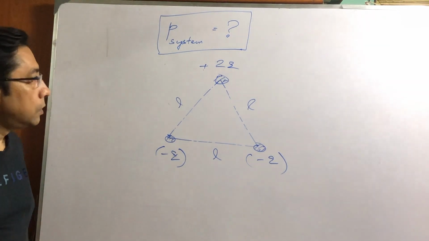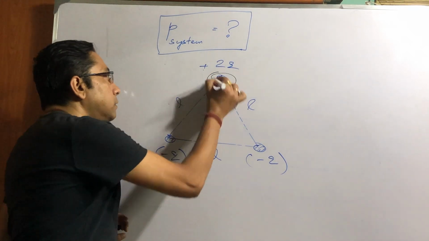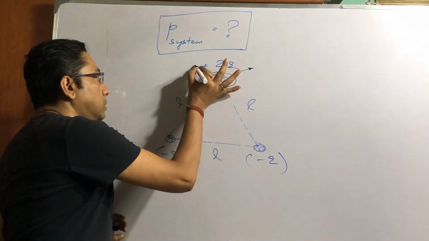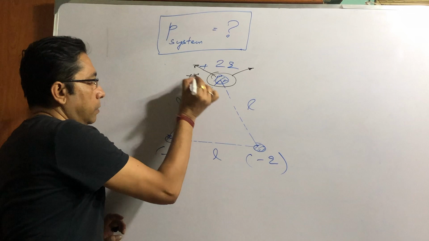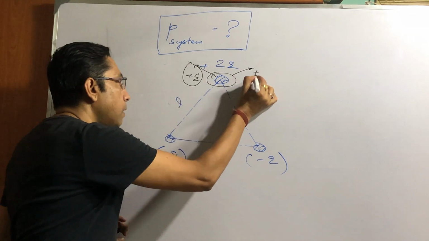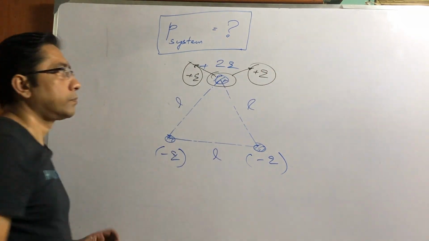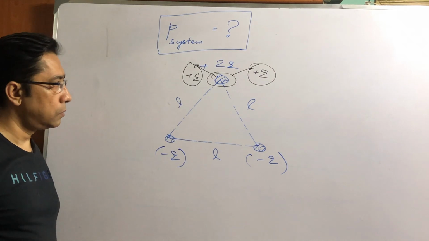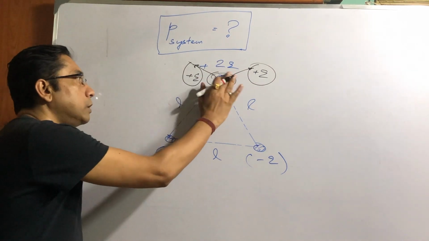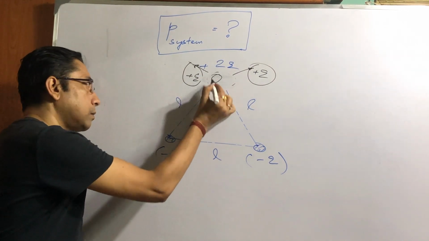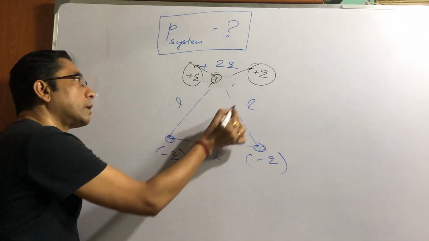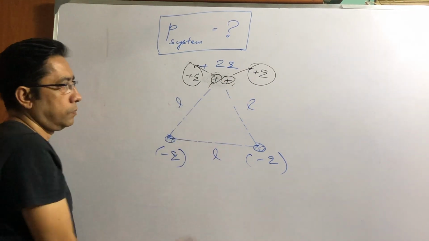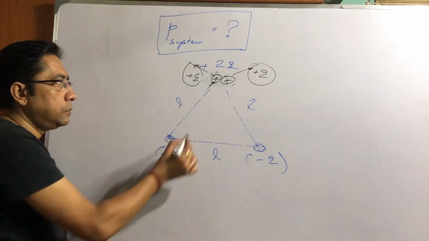Okay. So, the idea is, think of this 2q charge to be one plus q and one plus q. So this 2q becomes plus q and plus q. So, can you see a capsule?